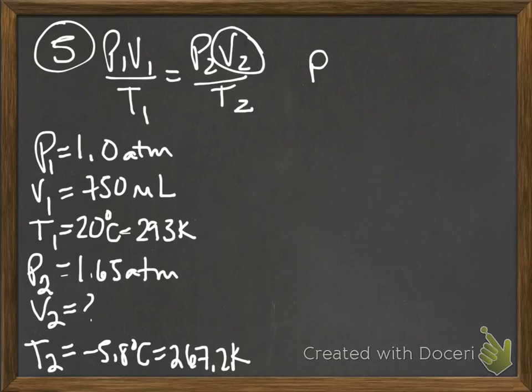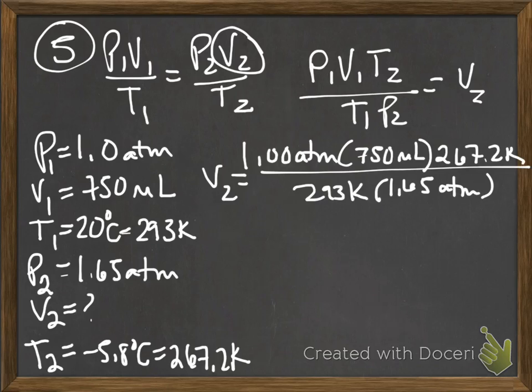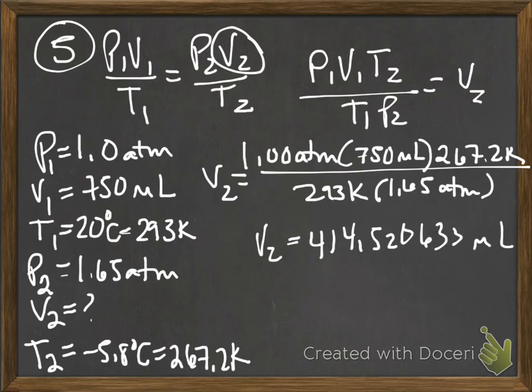So we can do rearrangement via whatever method you would like, but we get this for our rearranged value. Then it's just plugging in. So we have this as our plugged in expression, and we get a raw answer for V2 of 414.520633 milliliters.